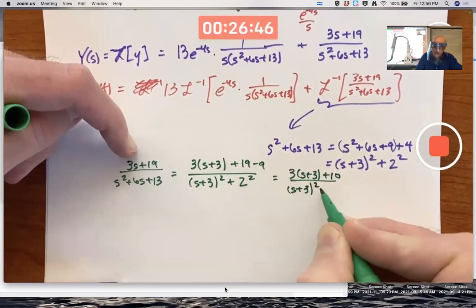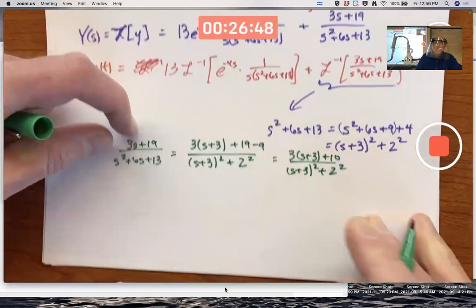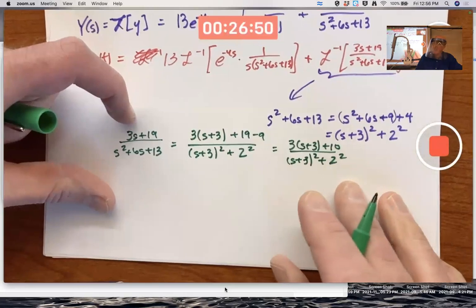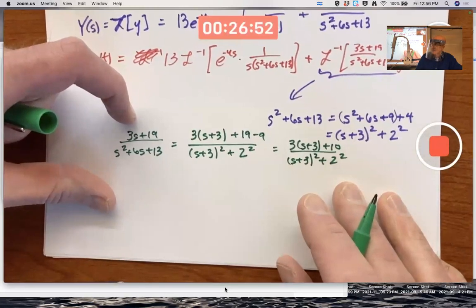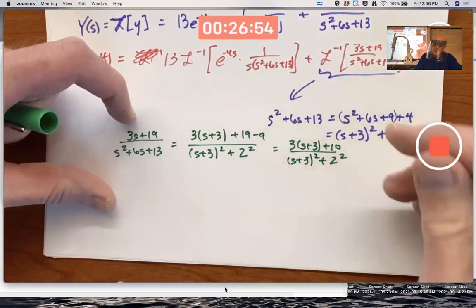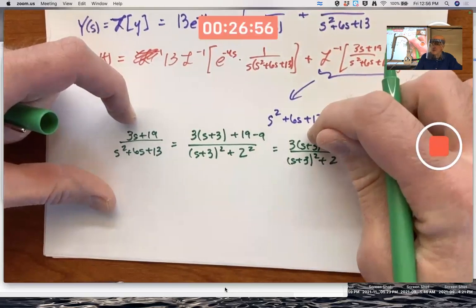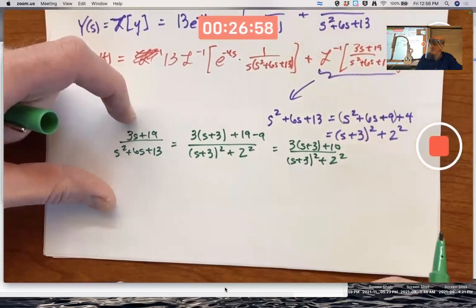And then I can break this apart into 2 fractions, one of whose numerators will involve s plus 3, and one of whose will involve a constant.